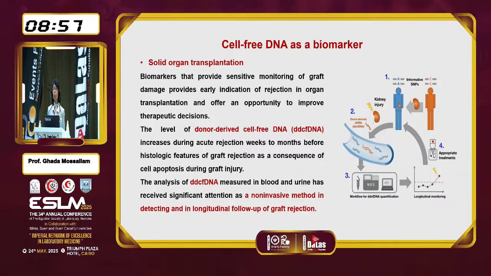The level of donor-derived DNA from the rejected organ increases during acute rejection, weeks to months before histological features of graft rejection in biopsy, as a consequence of cell apoptosis during the process of graft rejection.